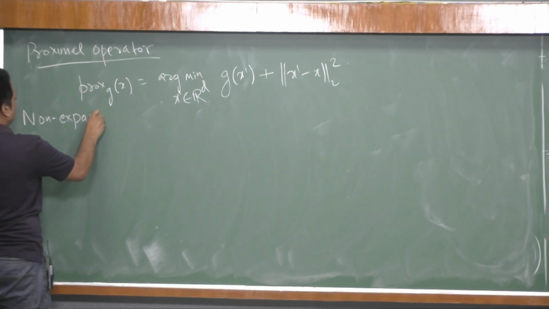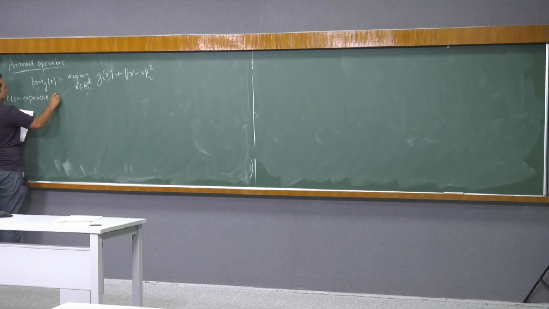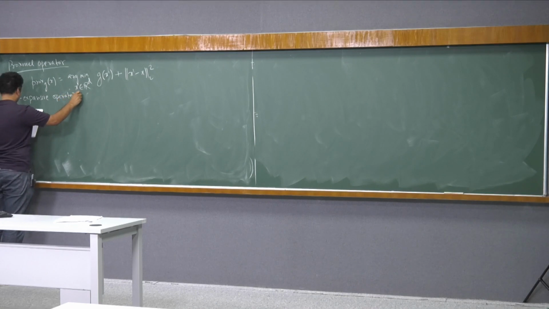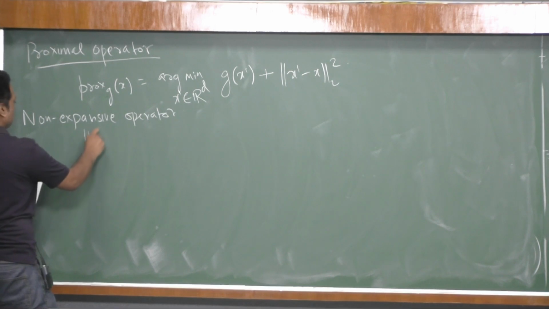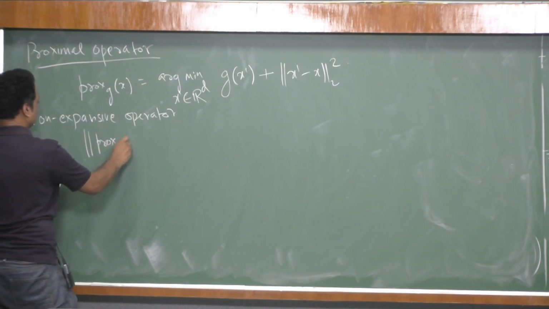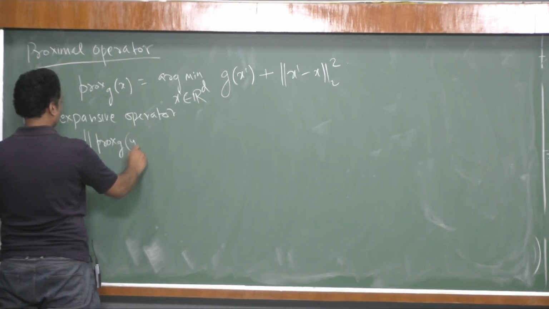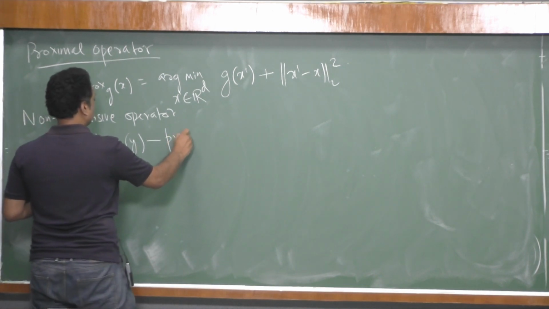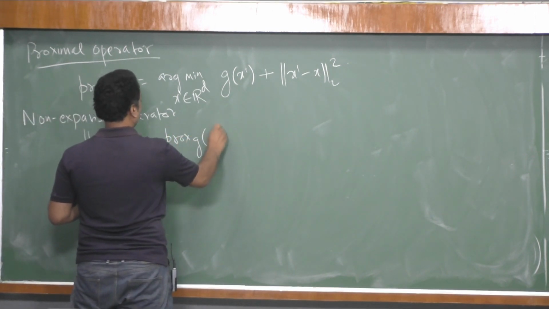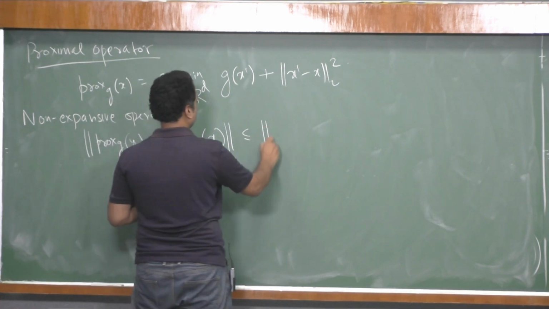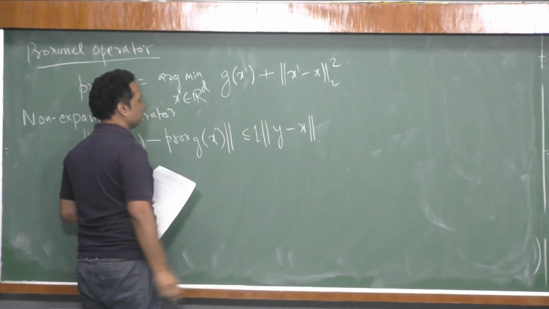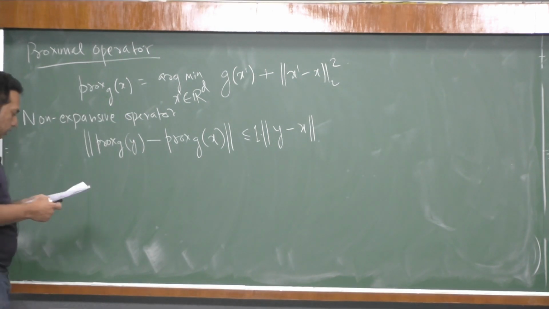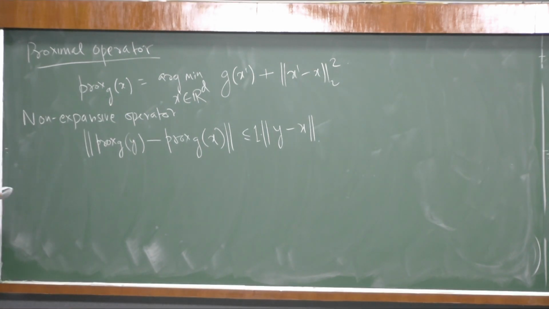This means that the norm of prox g of y minus prox g of x is less than or equal to the norm of y minus x. So basically this means that it's one-Lipschitz. This we proved in the last class, and we will continue from there.